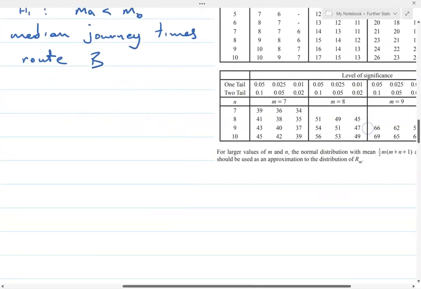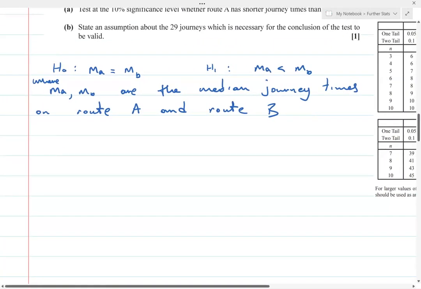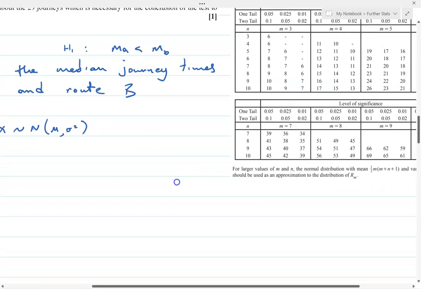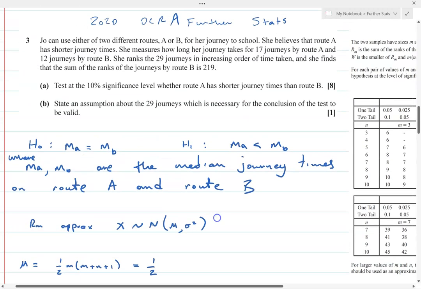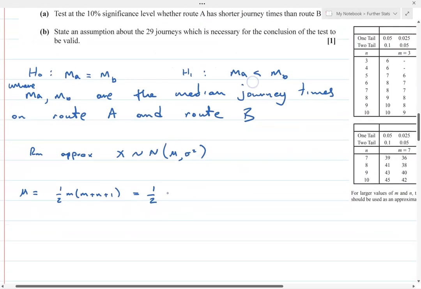So for the normal, RM is approximately X normally distributed with mean, sigma squared, where that mean is equal to, let's look it up again, half m(m+n+1). That's equal to half times, now the group sizes here, they tell us 17 and 12.